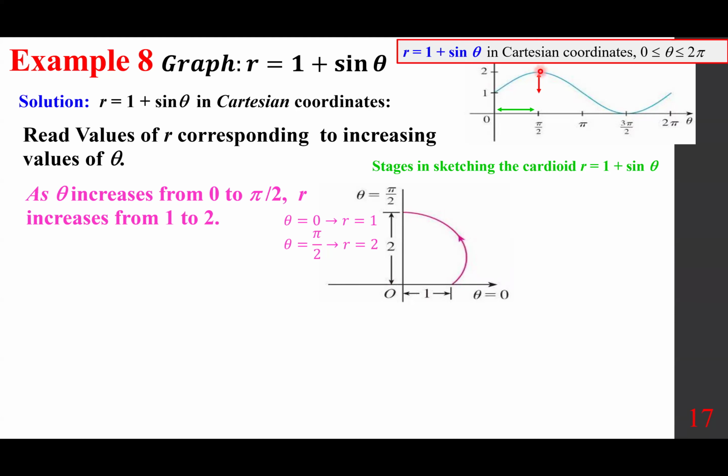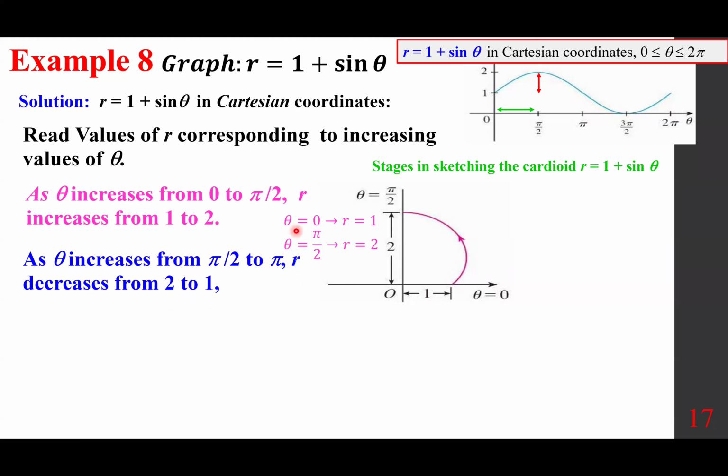What happens here? Remember the 4 arcs. As we go from pi over 2 to pi, we go down from 2 to 1. As theta increases from pi over 2 to pi, r decreases from the maximum of 2 to 1.